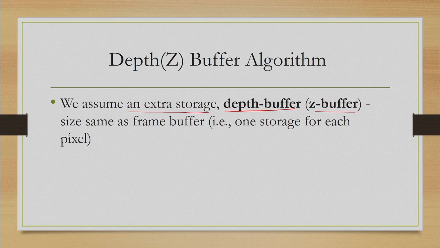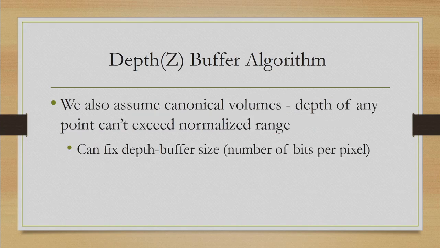Here the size of this buffer is the same as the frame buffer, that means there is one storage for each pixel in this buffer. Another assumption we make is that we are dealing with canonical volumes. Depth of any point cannot exceed the normalized range.